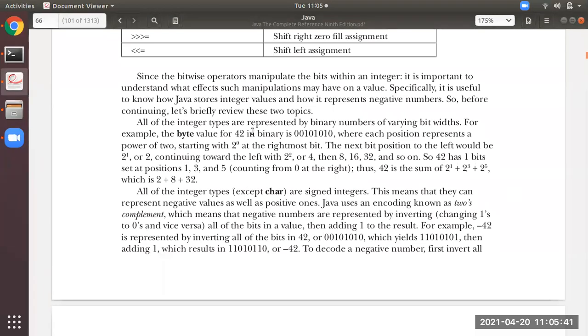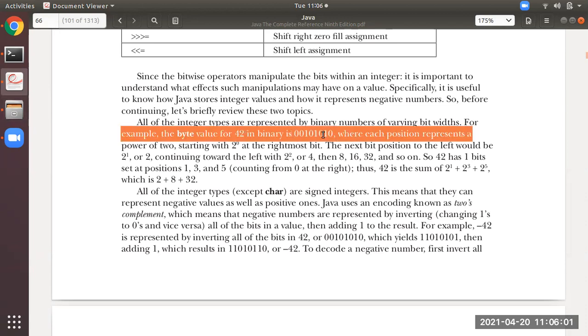Okay, so 42 is represented in this way. I hope you all know this. I have shown you the table also in last class. 2 power 0, 2 power 1.